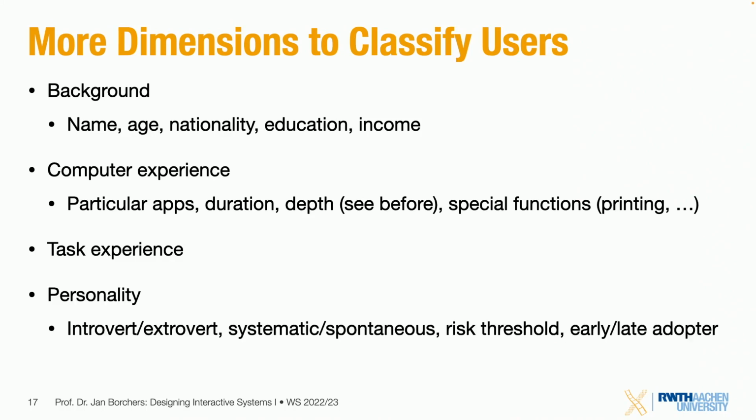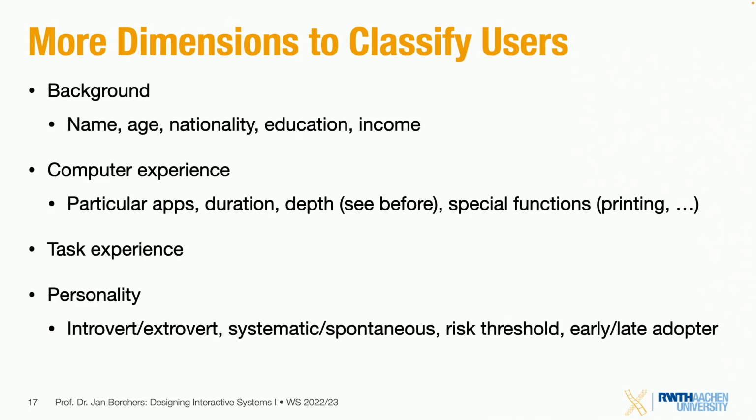And finally, there's also personality questions. So while every person is different, of course, you tend to have sort of trends in your user base. For example, if you're developing a system for finance accountants, you're probably going to encounter a different personality type than if you're designing a system for, let's say, performance artists.